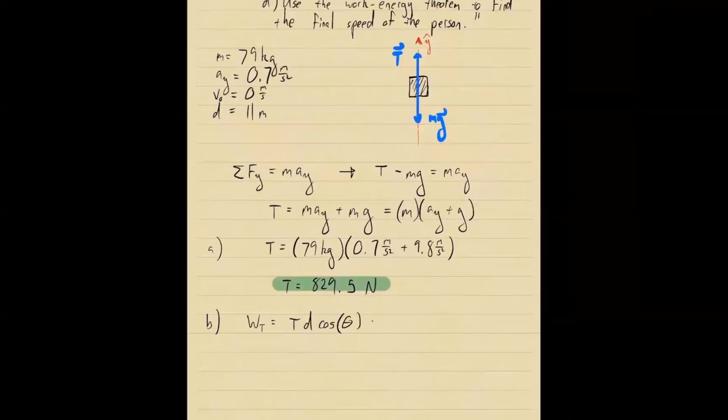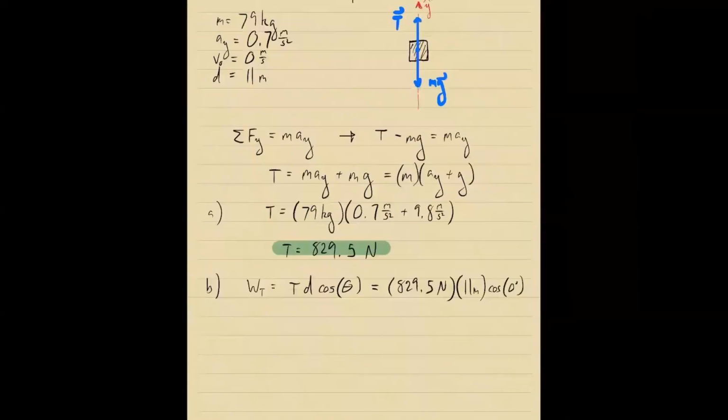So the work done by the tension in lifting this person up is equal to the magnitude of the tension, which we just found to be 829.5 newtons, multiplied by the magnitude of our displacement, 11 meters, multiplied by cosine 0 degrees. But cosine of 0 degrees is just 1.